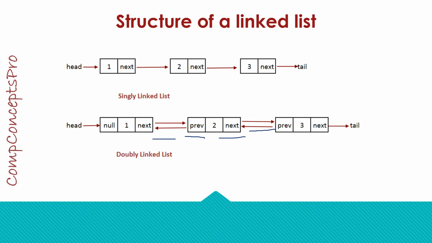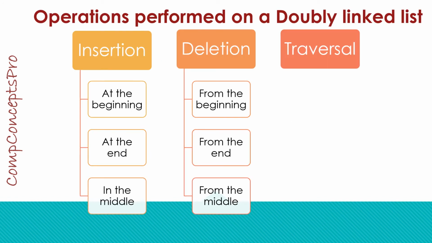Remember, the previous pointer of the first node and the next pointer of the last node are always null. Now same as singly linked list, for doubly linked list also we'll see those same operations: insertion, deletion and traversal. We'll cover traversal in this video itself.